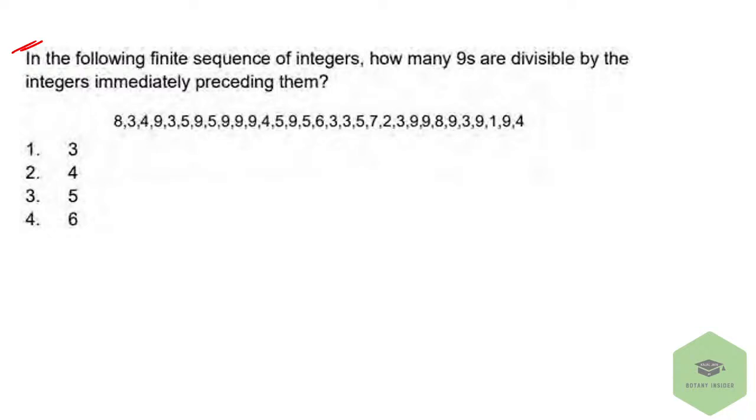In the following finite sequence of integers, how many nines are divisible by the integers immediately preceding them?